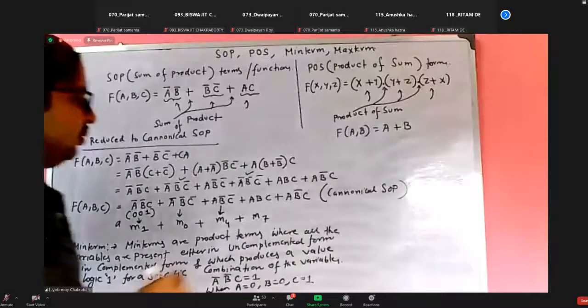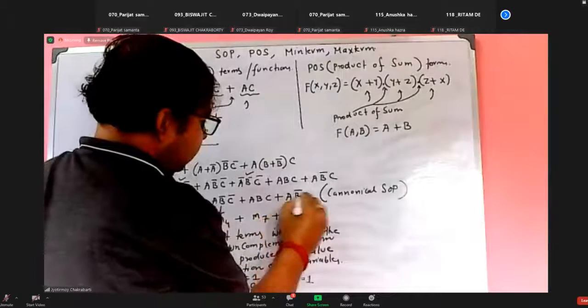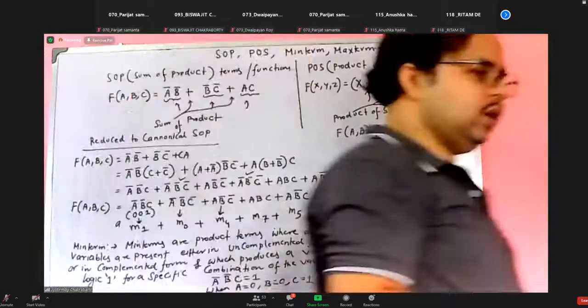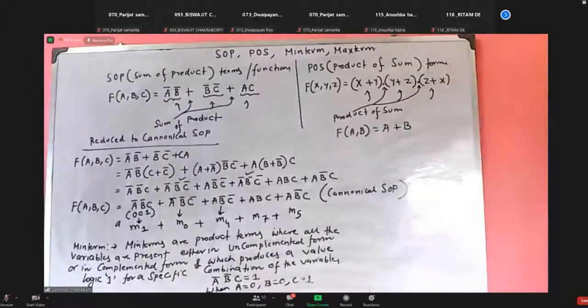Then 101, M5. আমি বলেছি 0 থেকে 15 অবধি মনে রাখবে। ঠিক আছে? স্যার, এই M7, M5 নামটা কী করে হচ্ছে?